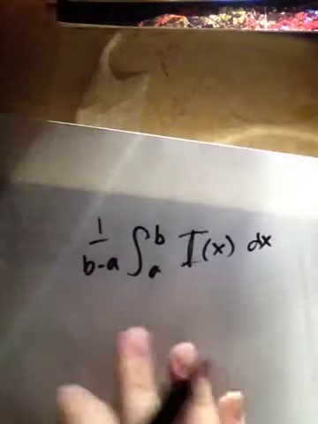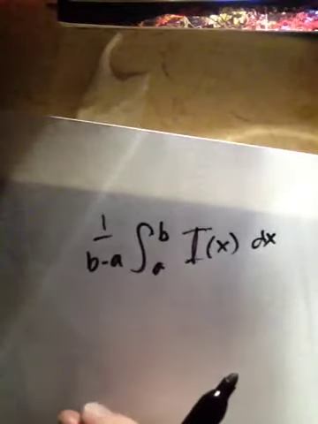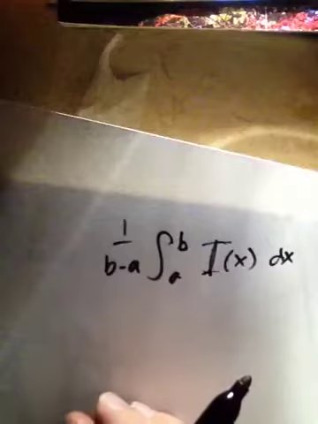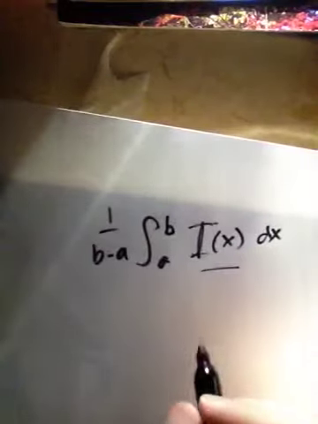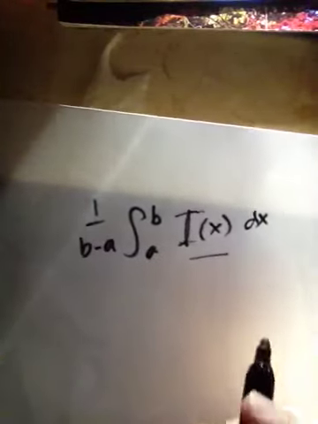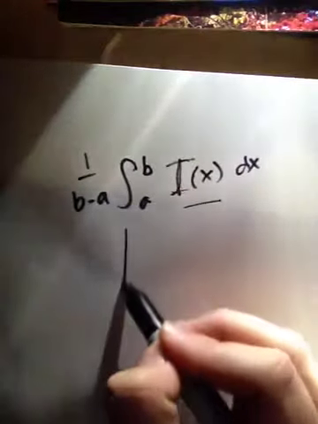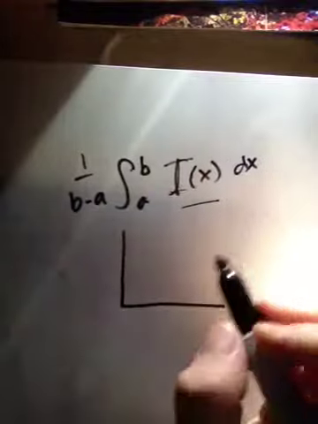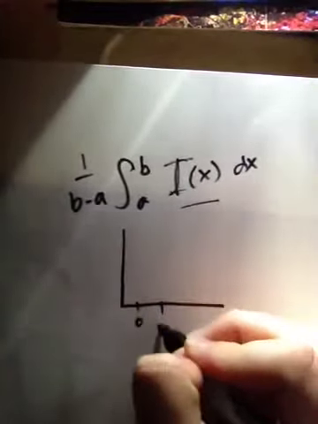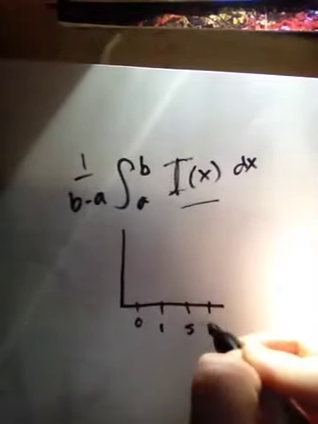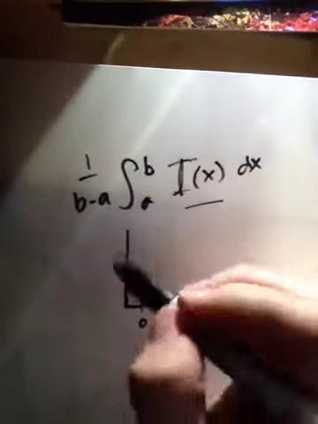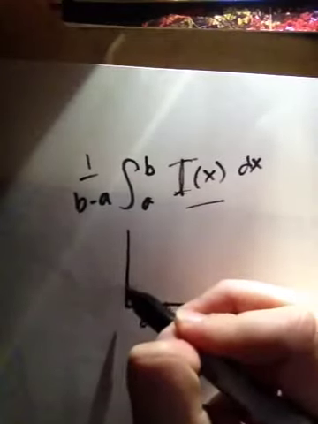So that's basically the overall equation that we're going to use, but for finding the integral inside, we're going to use a trapezoidal approximation. What I like to do is draw a little chart and plot just really basic terms. It doesn't even have to be distanced properly.